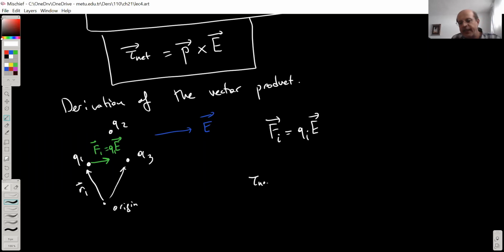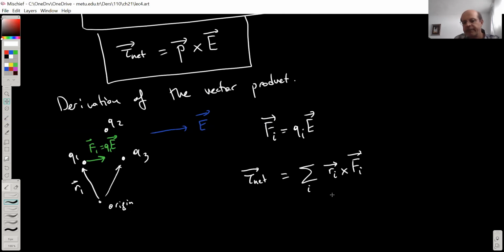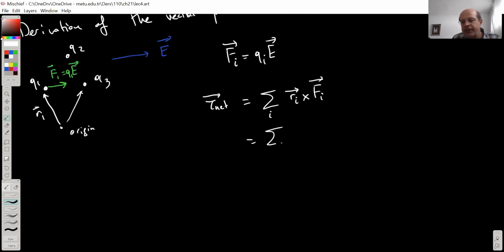So the net torque in that case, if you remember what the net torque applied by a certain force is, is basically the position of where the force is applied cross product with the force. It is this summation expression. But if I write down the force expression, force is always charge multiplied with the electric field. You can see that I then have an expression like charge multiplied with the positions of these things, and we take the cross product of this thing with the electric field.